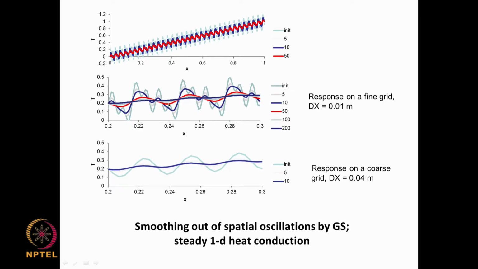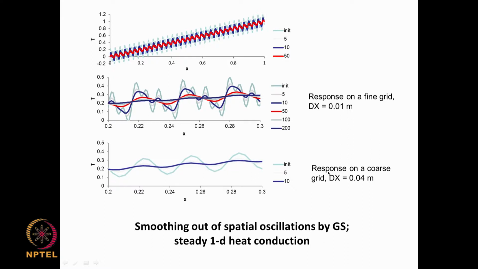The same red variation here is a long wavelength variation for a delta x spacing of 0.01, and it is a short wavelength variation for a delta x spacing of 0.04. That is why it has taken 50 iterations to come from this amplitude to this amplitude, and another 150 iterations to come from this amplitude to this amplitude.